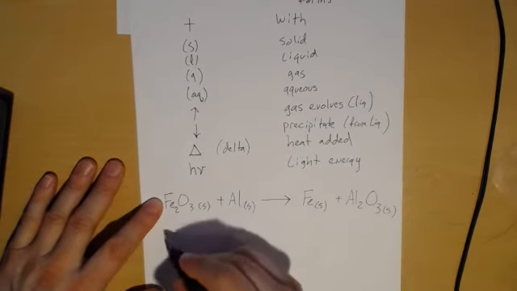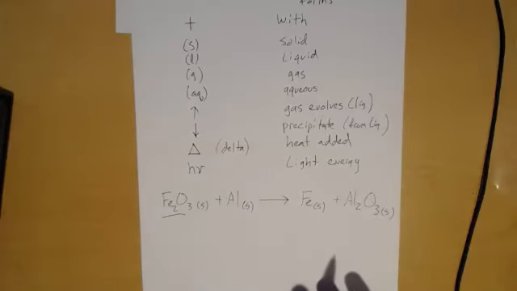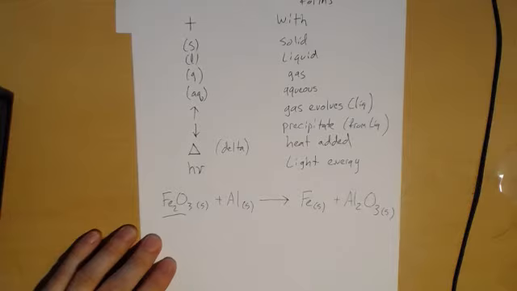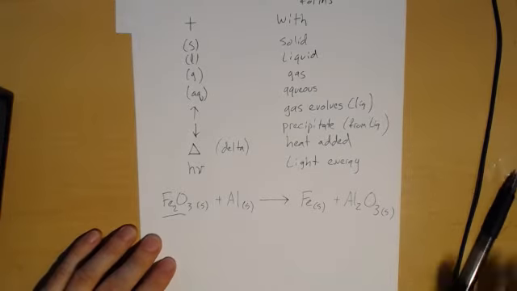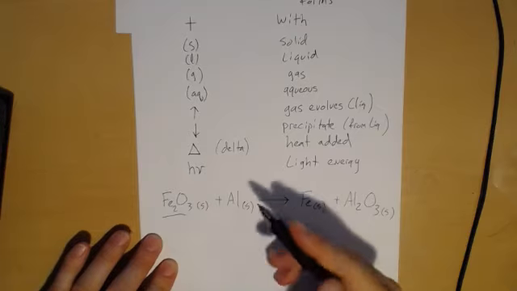So I'd start with this one. This forces us to go back to our naming. Anybody remember the name of that? Oh, someone said iron 2. Well, not quite. So we have to go back to the naming.